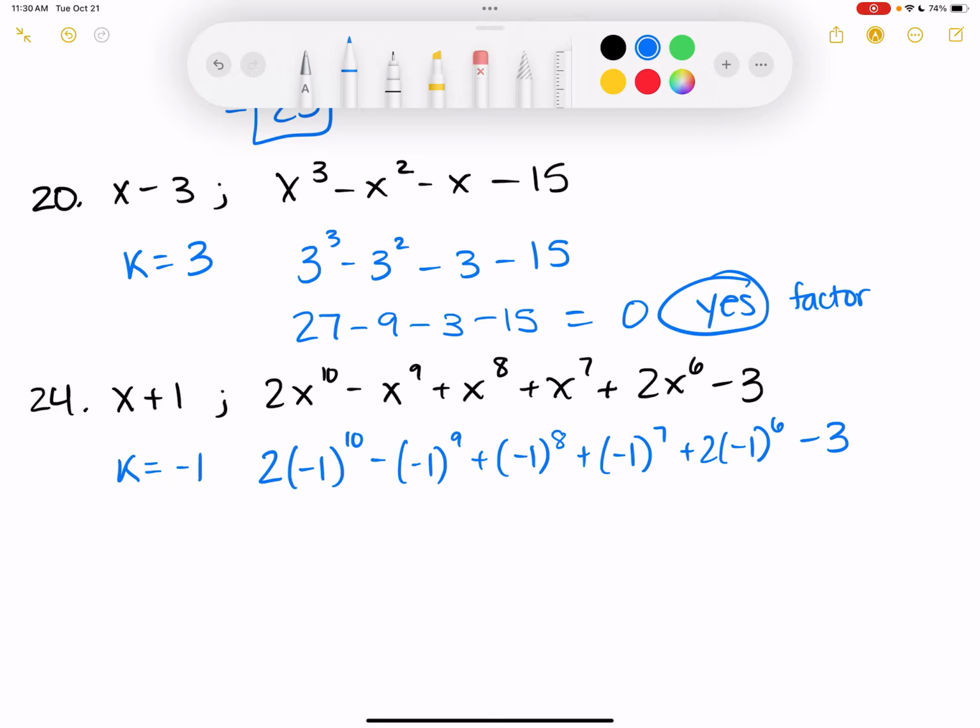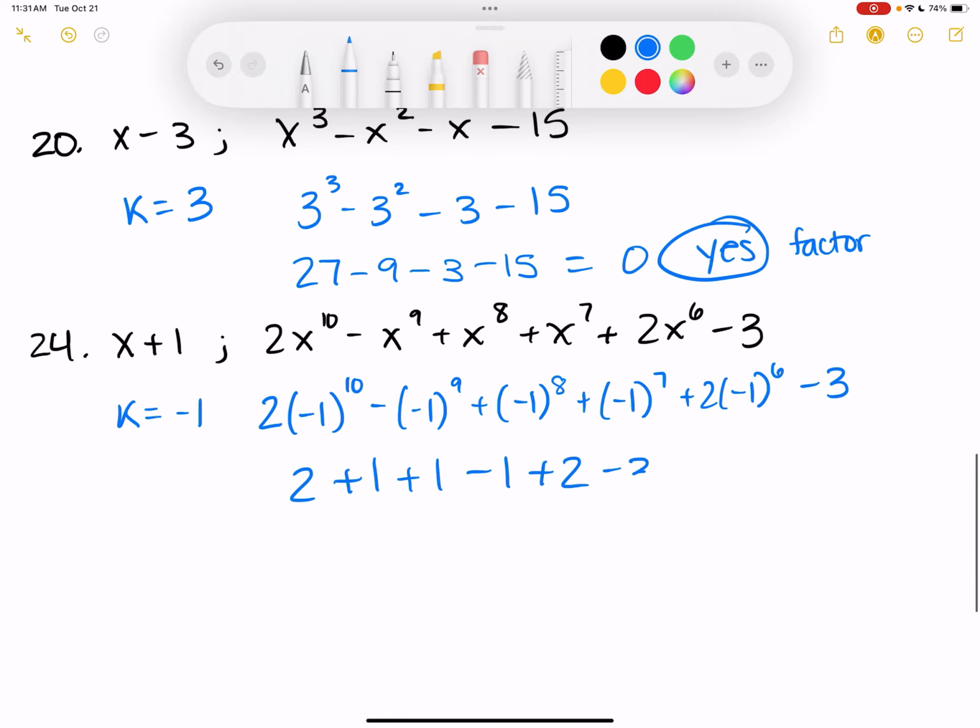That's just positive 1, so we've got 2. We've got negative 1 to the 9th, which is negative, but times a negative, so that's going to be plus 1. Negative 1 to the 8th is going to be plus 1. Negative 1 to the 7th is minus 1. Negative 1 to the 6th is positive 1 times 2, so we've got a plus 2. And then minus 3.